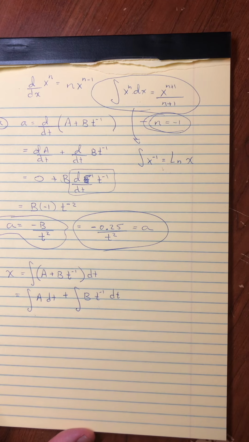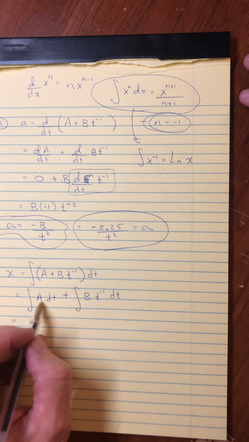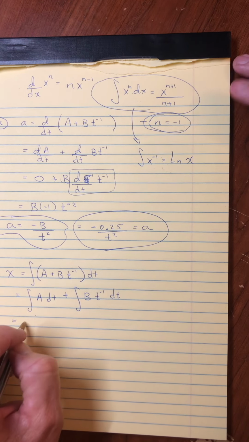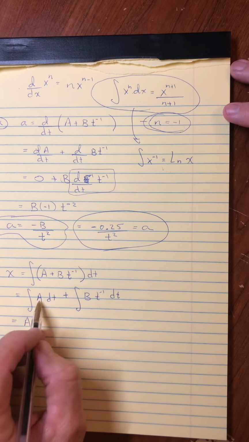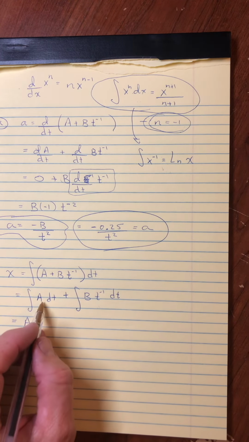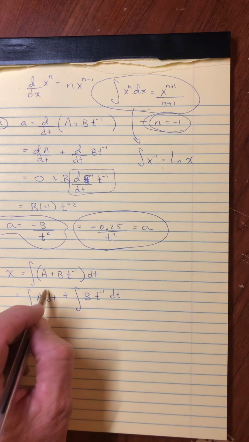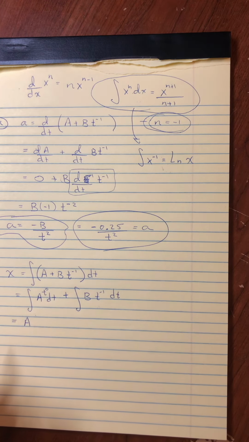Okay. All right. So with that in mind, let me go ahead and do this integral. So this would be an a, it's a constant, I can pull it out. And then you can think of that in here as t raised to the 0 power, because t to the 0 is just a 1.